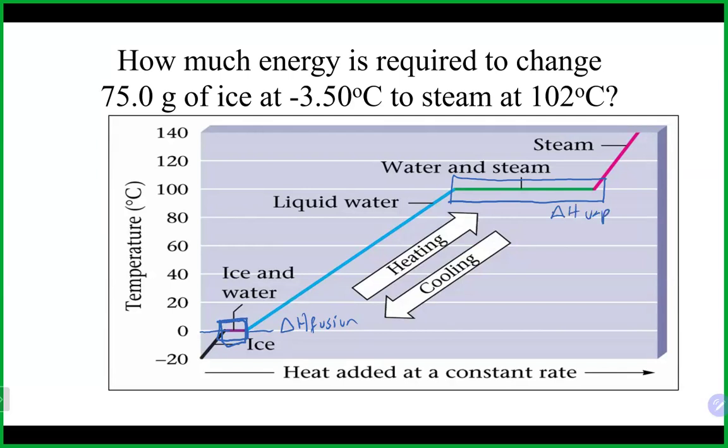Now, you can also see from the graph here and from the numbers that we just saw, it does take a lot more energy to do the transition from liquid to gas than it does going from solid to liquid. If you just think about it, in the solid state, things are packed in pretty tight to each other. In the liquid state, they're still relatively packed in tight, but they have a little bit more energy for movement.